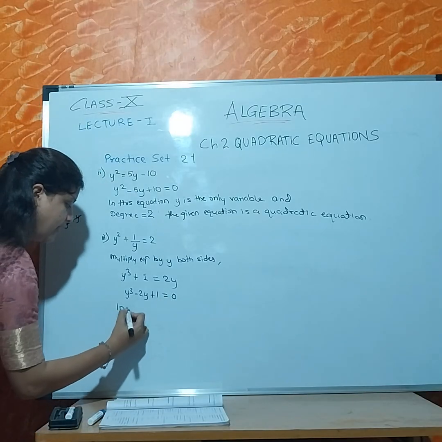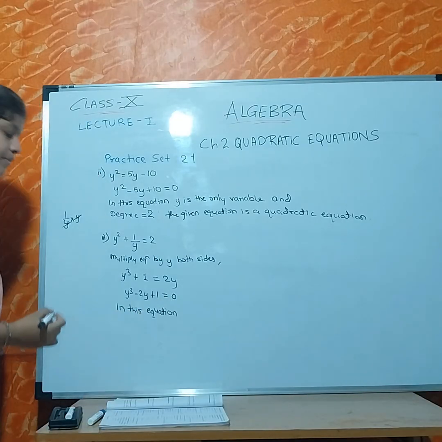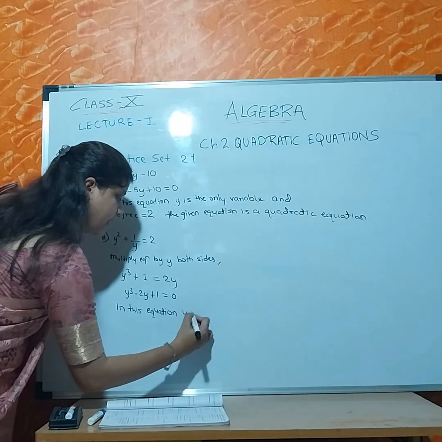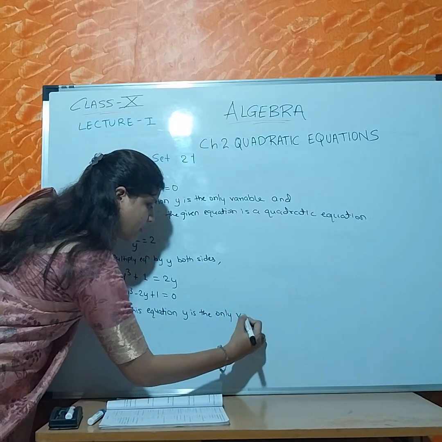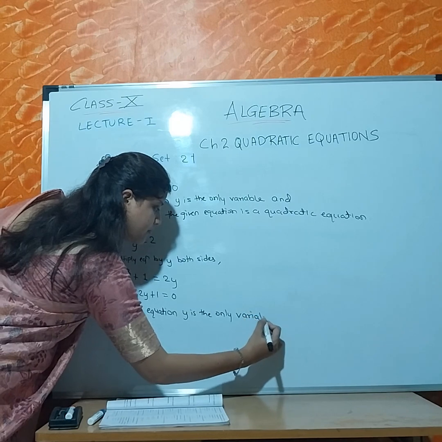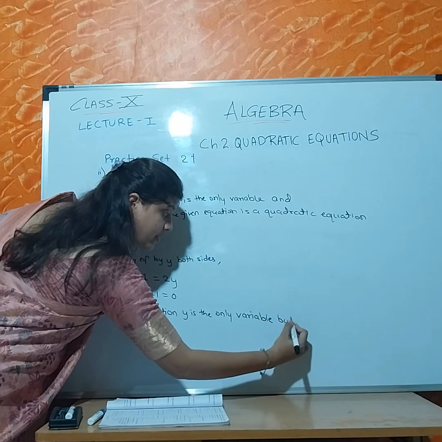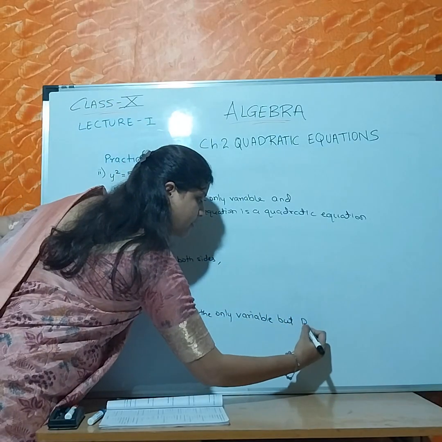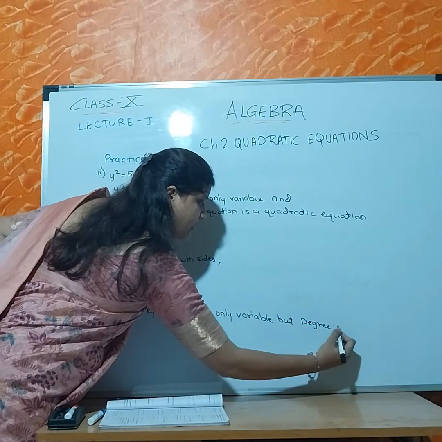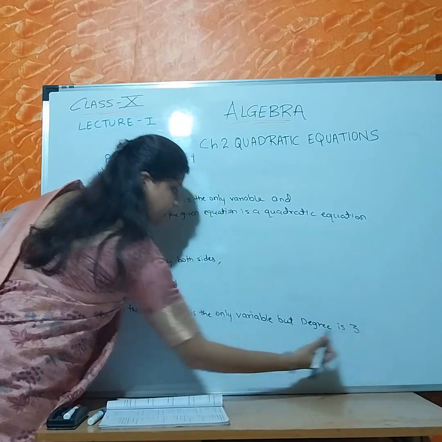Now see, in this equation, we can see that y is the only variable. But what is the degree here? 3. The degree is 3.